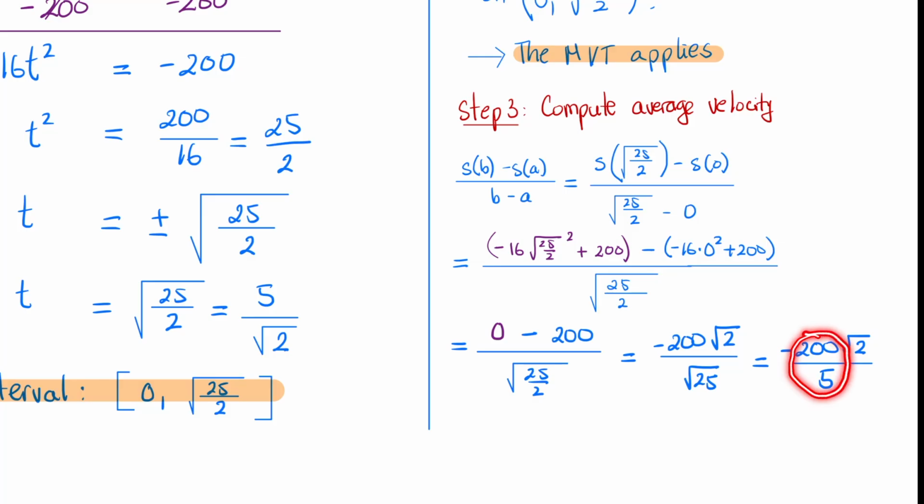So I have negative 40 times root 2. So the average velocity equals negative 40 times square root of 2. Next, we are going to find the derivative of s of t.